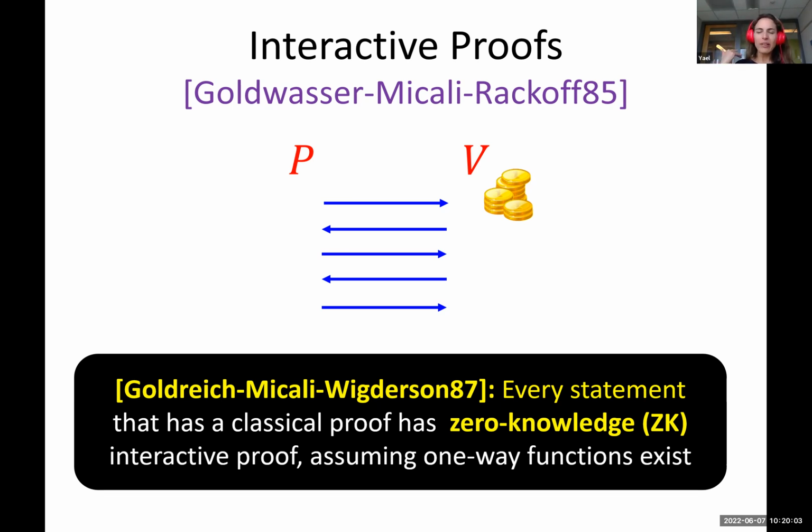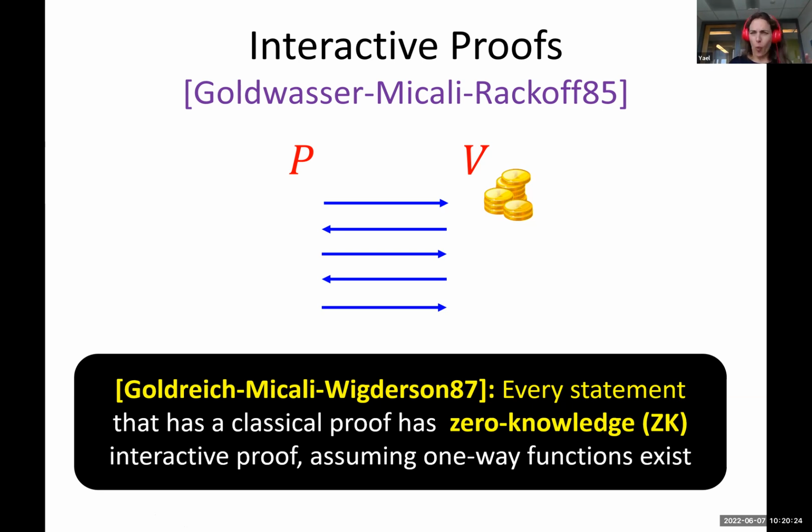Remember yesterday we talked about one-way functions; I'm going to remind you what that is. But for now, forget about the one-way function. The theorem says that every statement that has a classical proof can be converted into a zero-knowledge interactive proof. That's pretty amazing. We convert any proof to a zero-knowledge one.